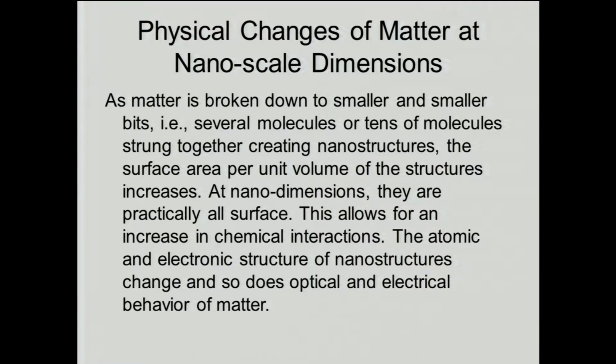So, as we make things smaller and smaller, we go into the nanoscale dimensions, and there are changes in properties. The main change is that at nano dimensions, they are practically all surface. If you calculate the number of molecules present in the bulk versus on the surface, how do you know where the surface property dominates?